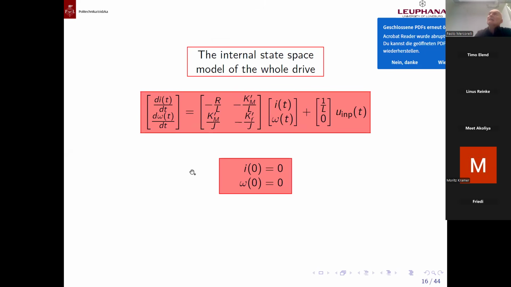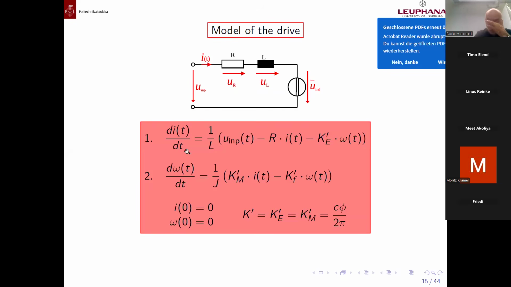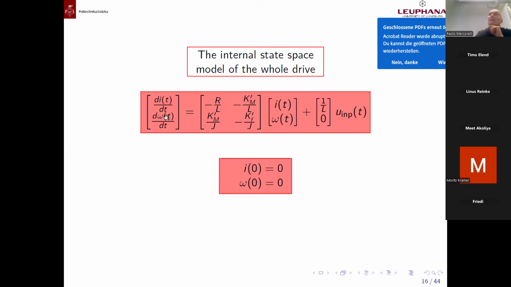This means these two elements here, this left part of the equalities, the derivative of the current with respect to the time, the derivative of omega with respect to the time, can be considered in a vector. The derivative of the vector of the state variables in the form of a vector as a function of this state vector. The state vector consists of two components, current and velocity.